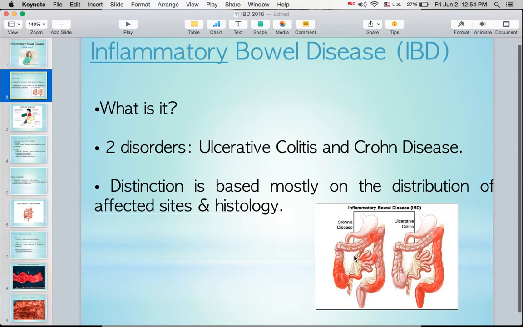Whereas in ulcerative colitis, it just starts in the rectum and then it ascends all the way up. So it always involves the rectum, and we're going to get into the details of these major characteristics that are going to be differentiating two different types of inflammatory bowel disease.